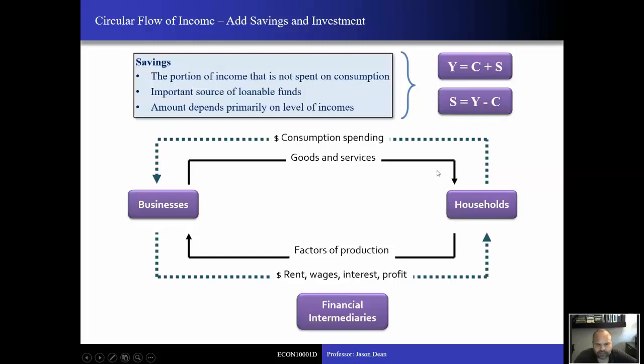In terms of our circular flow, we're going to add another sector here called a financial intermediary. A financial intermediary takes savings from households and provides funds to businesses for investment. So we have our leakage here and our injection here of investment. Of course, if the amount of savings is equal to investment, then we have equilibrium.